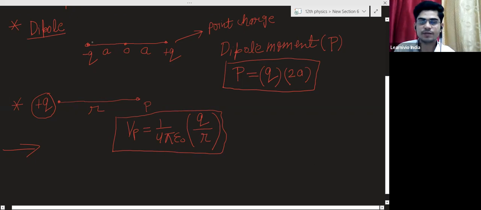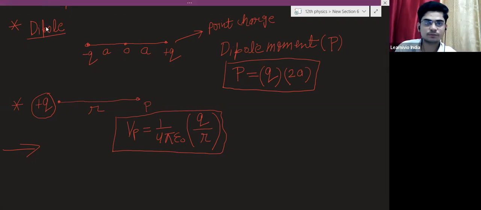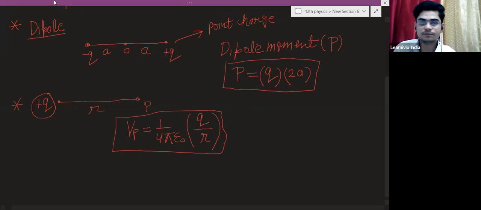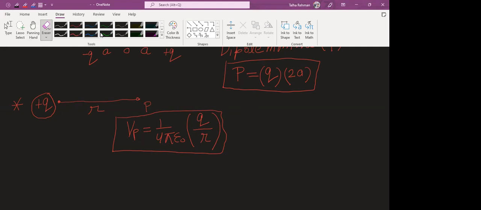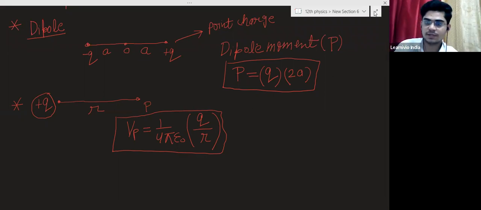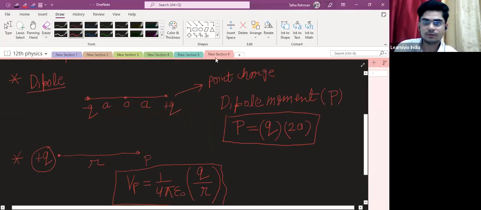Is that fine? Okay. So we have to remember these two formulas and concepts, and I will use them in the next derivation.